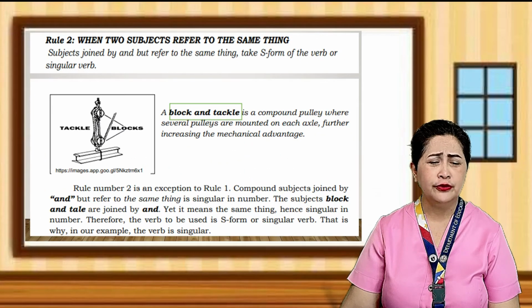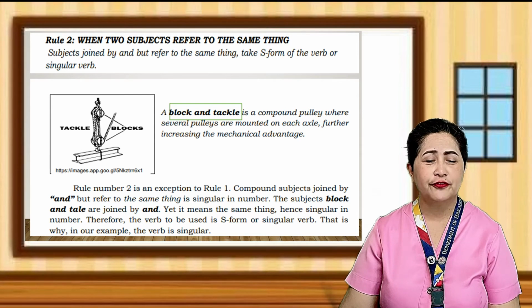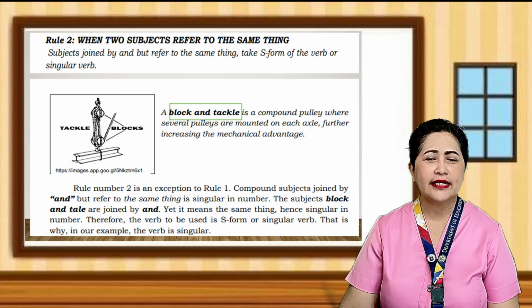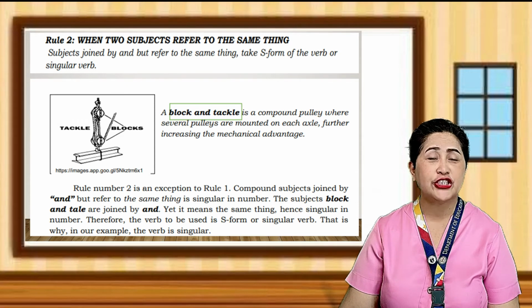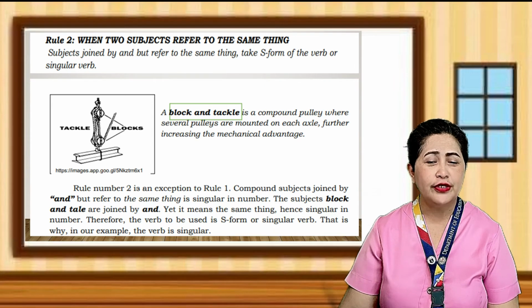Rule number 2. When two subjects joined by and refer to the same thing, they take S form of the verb or singular verb. A block and tackle is a compound pulley where several pulleys are mounted on each axle, further increasing the mechanical advantage. Rule number 2 is an exception to Rule 1.